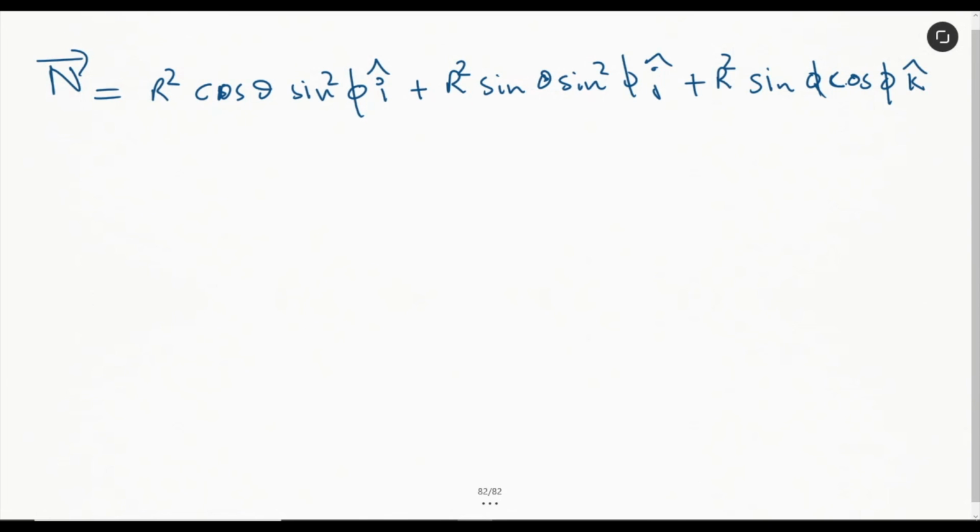The magnitude is going to be simply r square sine phi.